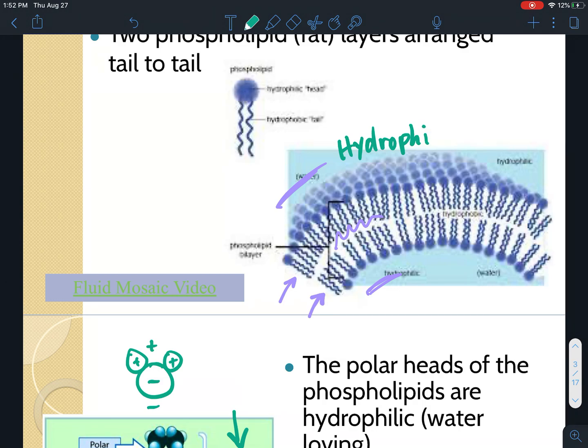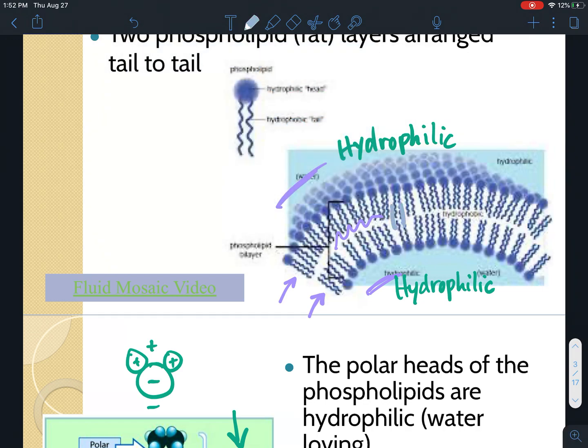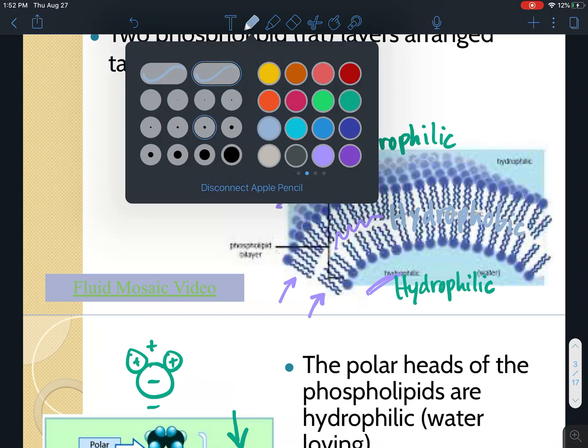Hydrophilic literally means water loving. Okay, and so we've got water as a solution that can be on the outside and the inside of the cell. And then the interior is hydrophobic. And so hydrophobic means literally water fearing. In other words, water does not go through well at all.